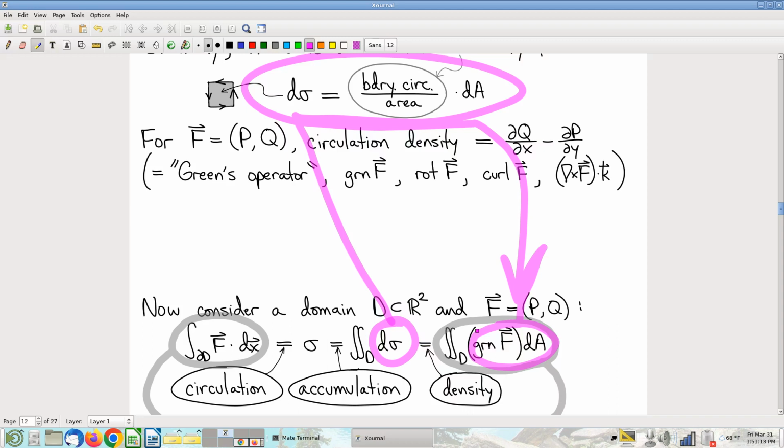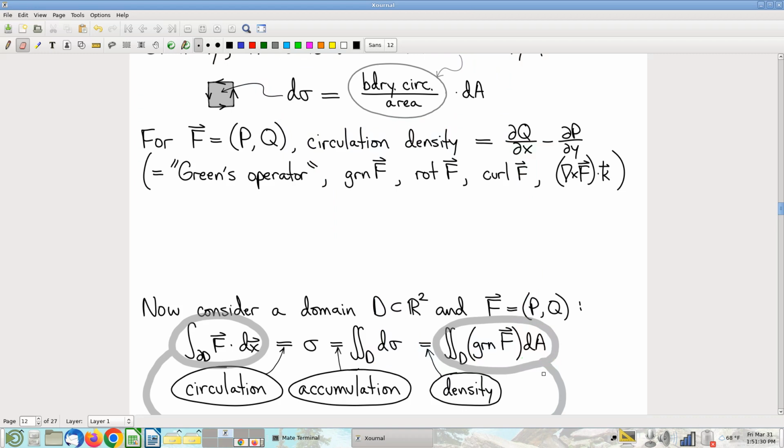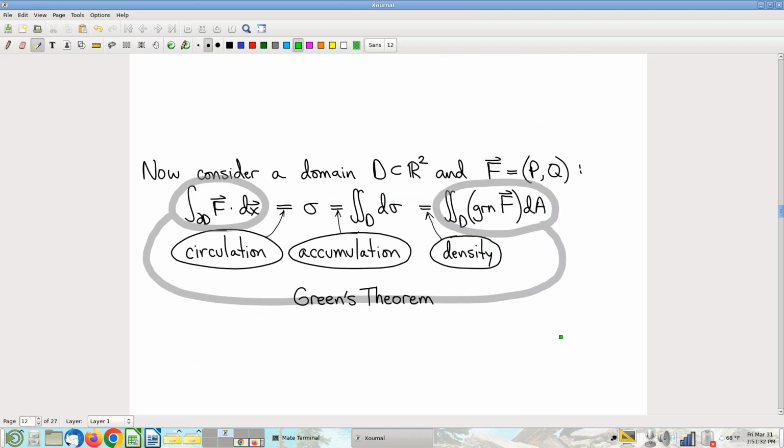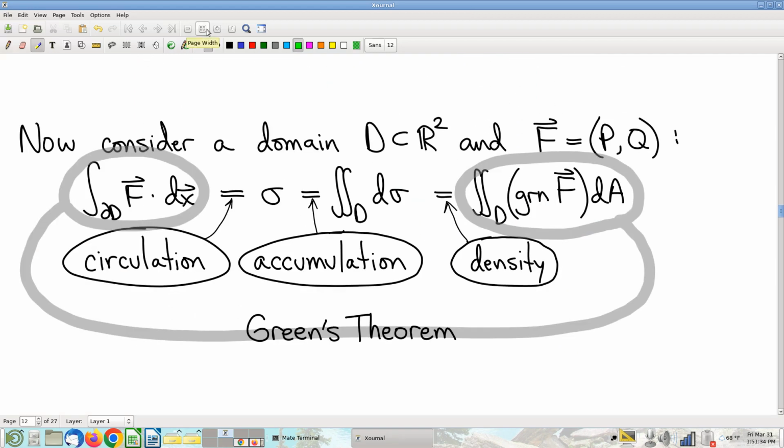And so said differently, circulation density is what you multiply by area to get circulation. And Green's operator is just another name for that circulation density. So again, what I've done in this discussion is just really a restatement of ideas we've already talked about prior to this screen.